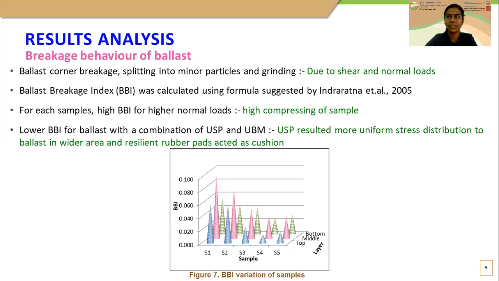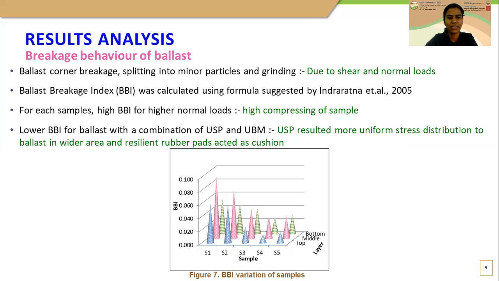Lower BBI for ballast with a combination of USB and UBM was observed because there is a uniform stress distribution from the USB inserted ballast. Therefore, there is a reduction in BBI, and also resilient rubber pads acted as a cushion to the ballast.